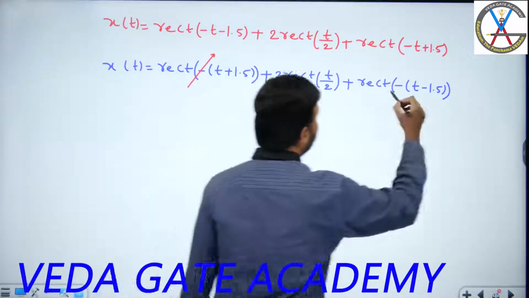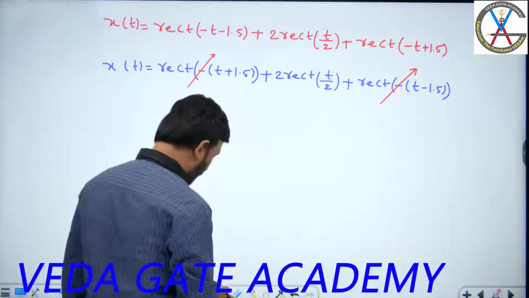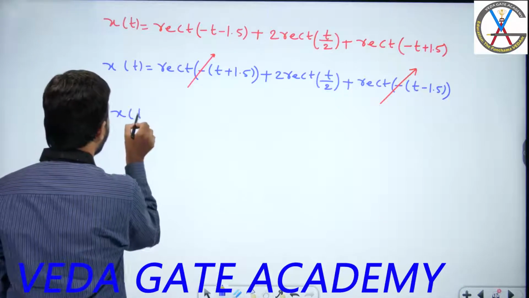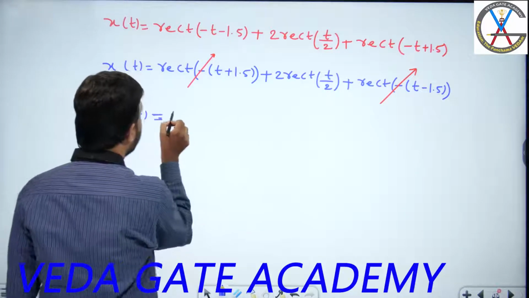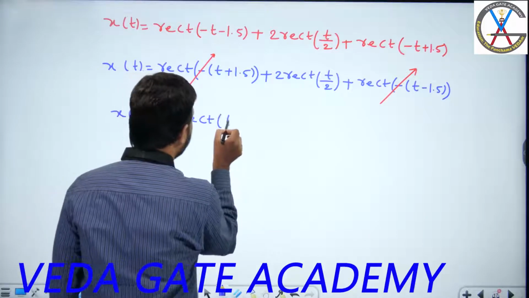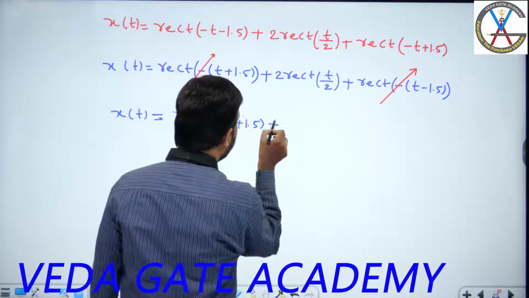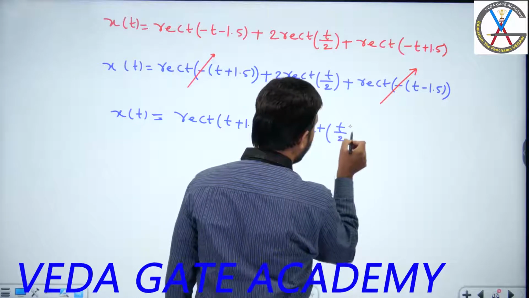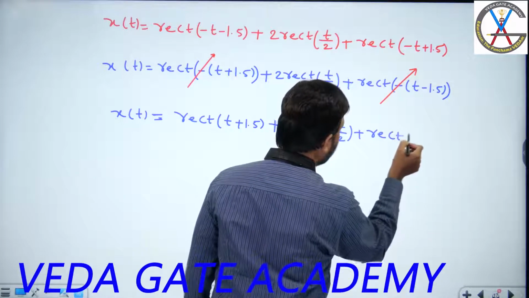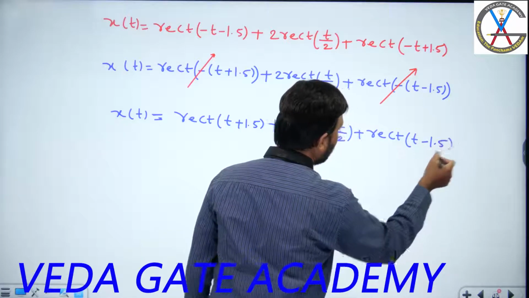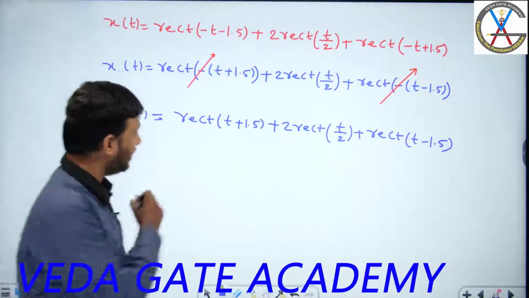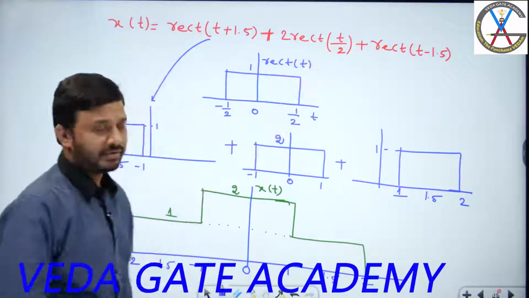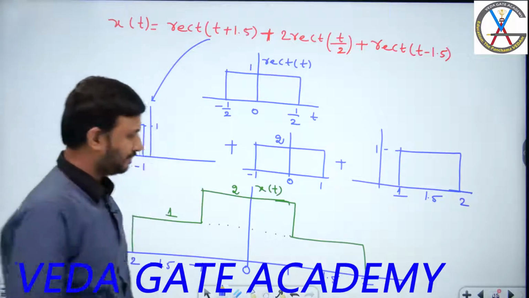So you can ignore this minus and this minus, so that your signal x(t) can be written as rect(t + 1.5) + 2 rect(t/2) + rect(t - 1.5), which is the same as the previous one. You can verify also. Same expression we got. So if I try to draw, I'll get the same shape.